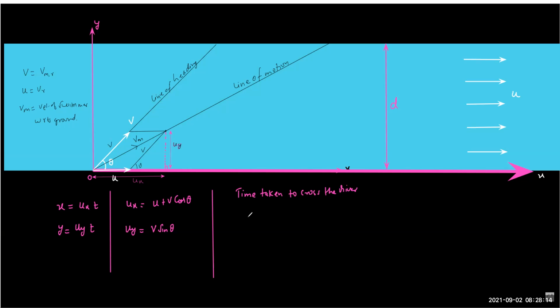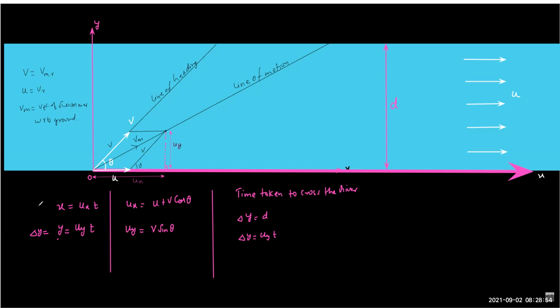So when you cross the river, what is your x displacement? Do you know it? No. Can we say the y displacement when you cross the river? Yes, exactly. So the y displacement is known to us. Delta y is how much? D. And we all know the formula for delta y, which is uy into t. Here delta y is d only, because the beginning was origin.